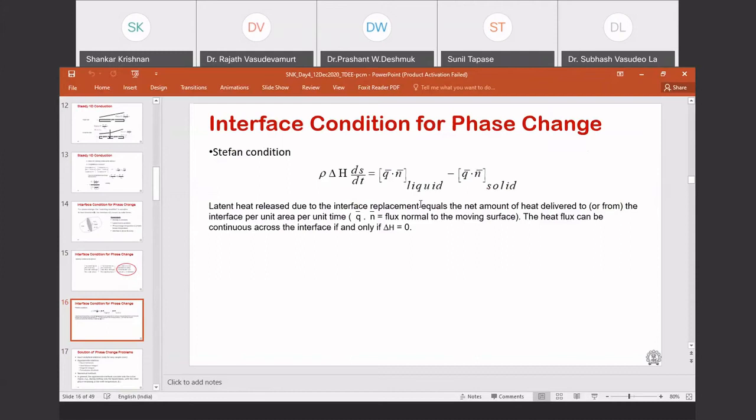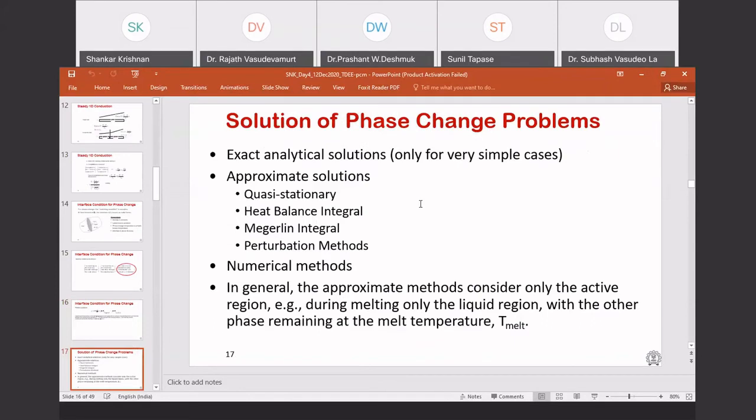There are binary alloys that are eutectic, so it holds true for those as well. Eutectic meaning constant temperature. So there are many ways to solve these problems. Simple analytical solutions are available only for simple problems. For complex problems involving natural convection in the liquid region, one has to employ numerical or experimental methods.